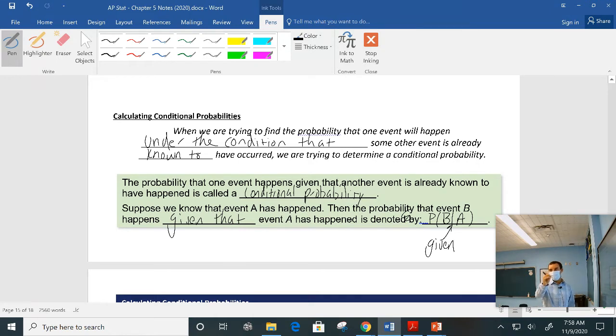So when you see P and then in parentheses B with the line A, that means the probability of B happening given that A has already happened. So this could be something like the probability of having blue eyes given that somebody is a female. The order matters because the probability of blue eyes given female is not the same as the probability of female given blue eyes. So it's important that you get the order down when we're discussing these types of probabilities.